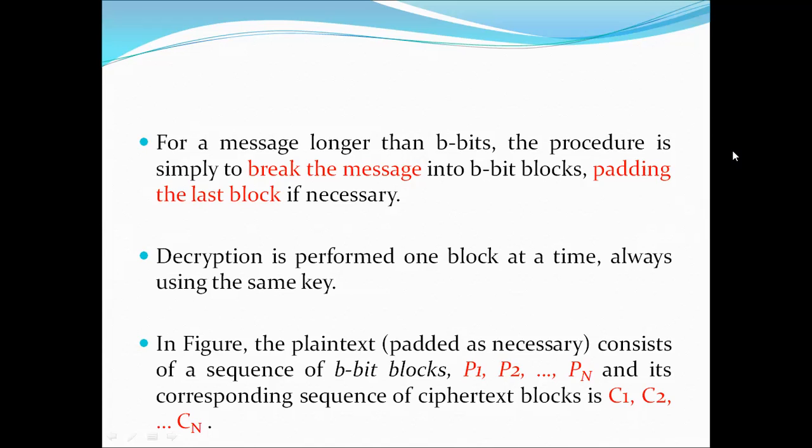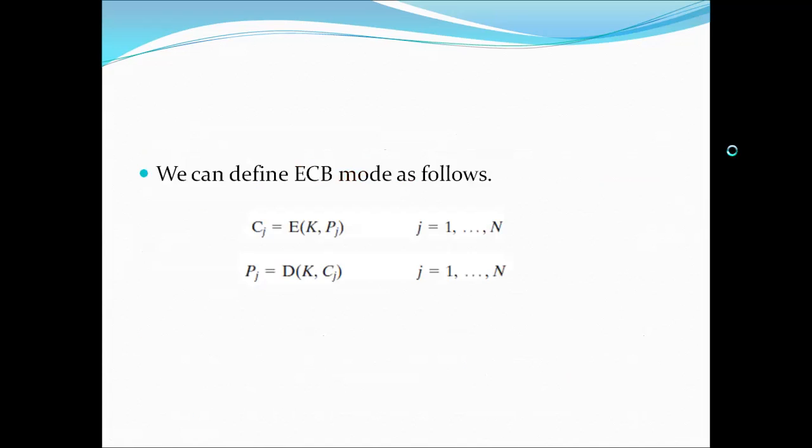In the figure, the plain text consists of a sequence of b-bit blocks P1, P2 up to Pn, with a corresponding sequence of ciphertext blocks C1 to Cn. We can define ECB mode as follows. The ciphertext Cj is produced by the encryption algorithm, taking as inputs the secret key K and the plain text block Pj, where j goes from 1 to n.